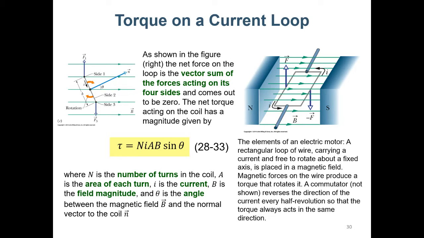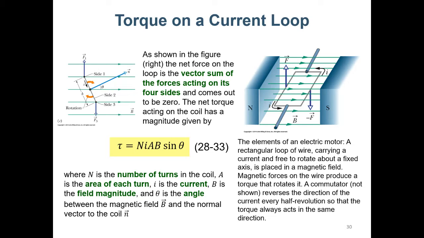So consider there is some current going in this loop, and there is a uniform B field generated by two large magnetic bars. This is the north pole, this is the south pole.